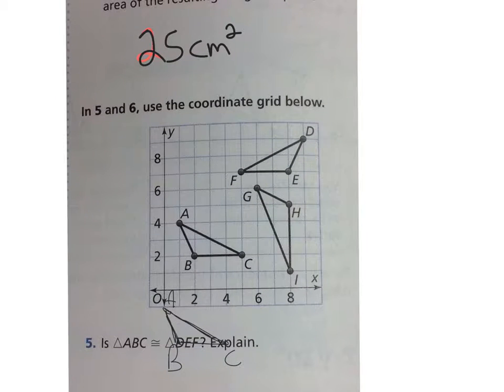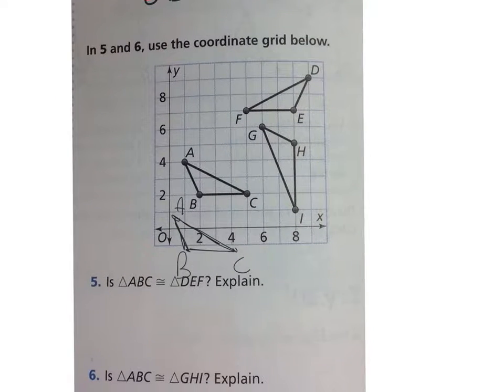Okay? If we look at the next part, they're asking if ABC is congruent to DEF. So if you want to trace ABC, and then you can try to rotate it, flip it, whatever you need to do. It does look like we're going to have to reflect this one to get it to match up.